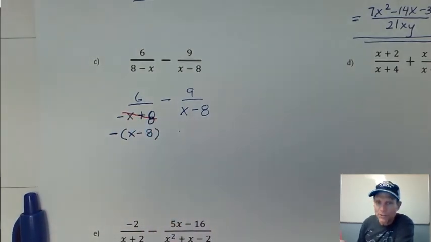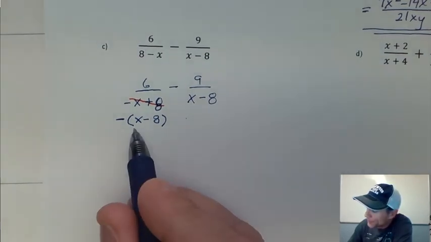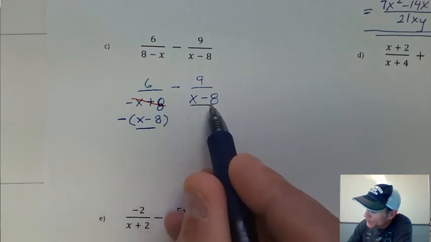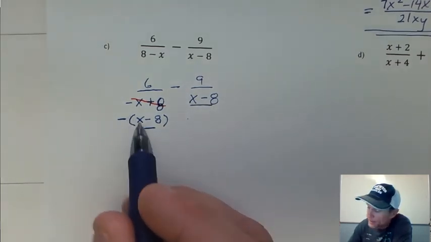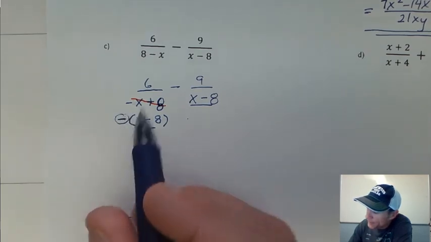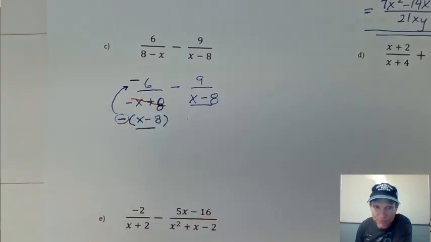So if we look really close here on a common denominator, we have this x minus 8, and then we just have this negative here. Well, what we can do with this negative is move it to the numerator of the fraction.